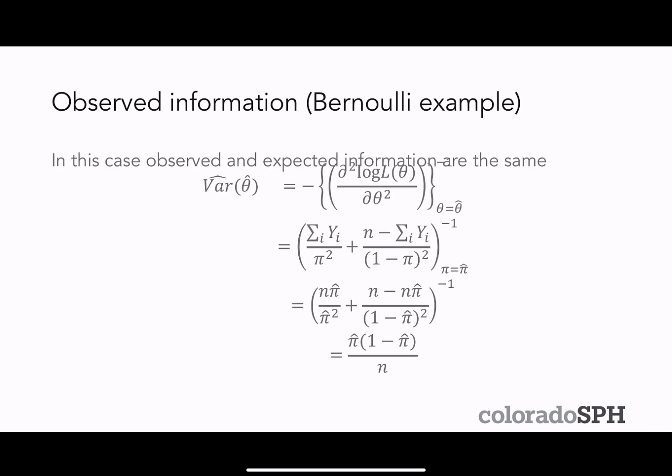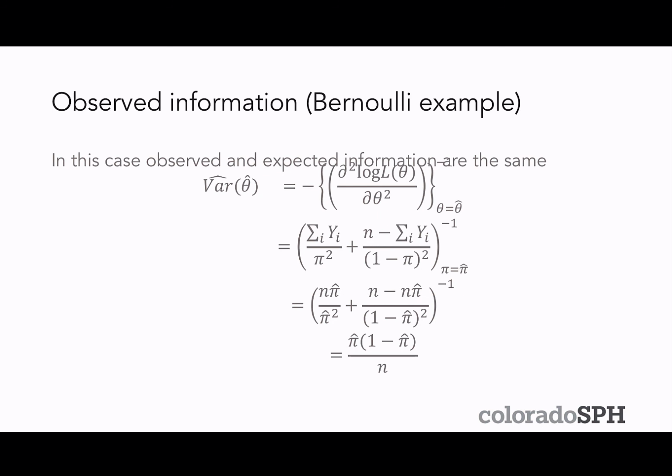Here's our solution. I just want to show you that in the case of the observed information for the Bernoulli distribution, you actually get the same answer when you get the variance using the observed information rather than the expected information.